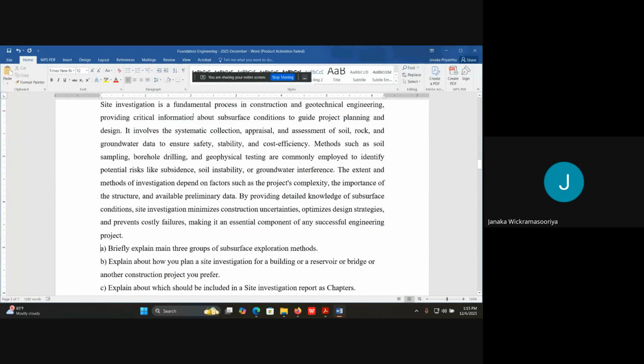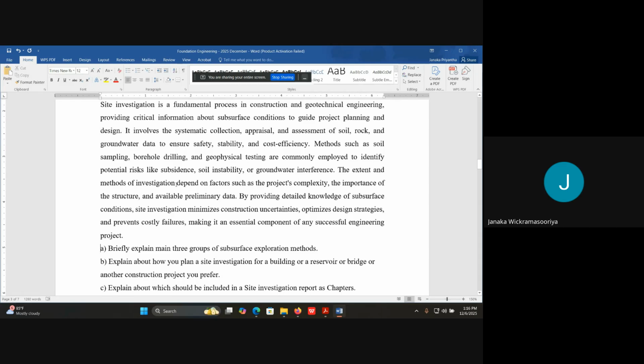Site investigation is a fundamental process in construction and geotechnical engineering, providing critical information about subsurface conditions to guide project planning and design. It involves the systematic collection, appraisal, and assessment of soil, rock, and groundwater data to ensure safety, stability, and cost efficiency. Methods such as soil sampling, borehole drilling, and geophysical testing are commonly employed to identify potential risks like subsidence, soil instability, or ground interference.